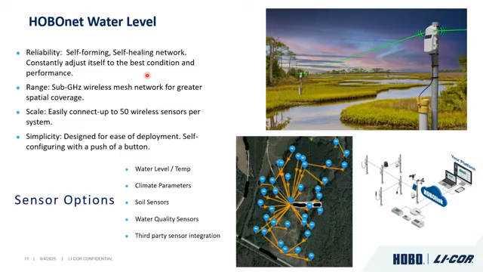You don't have to buy a cellular station for each individual monitoring point, and you don't have to pay an annual cell fee for each individual monitoring point. So this radio mesh network, that you can really scale from, will allow you to connect up to 50 wireless sensors. That could be 50 water level sensors. It could be a whole range of different sensor options that we have, like climate parameters, rainfall, temperature.